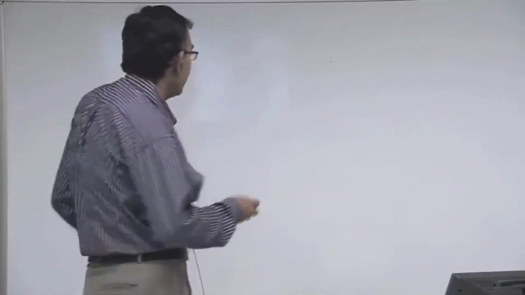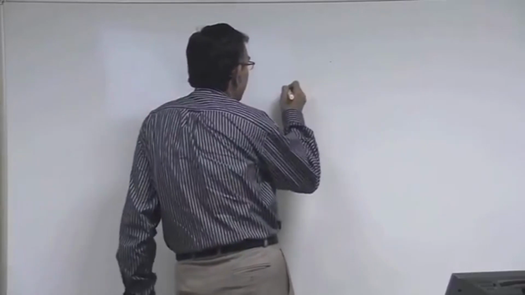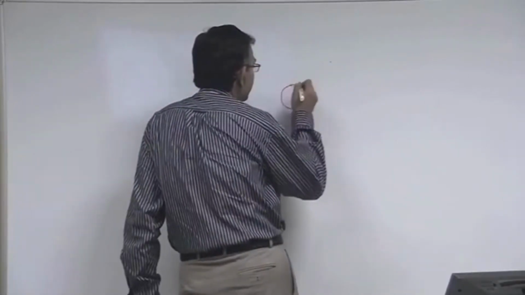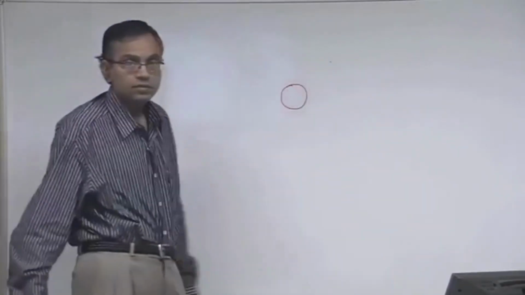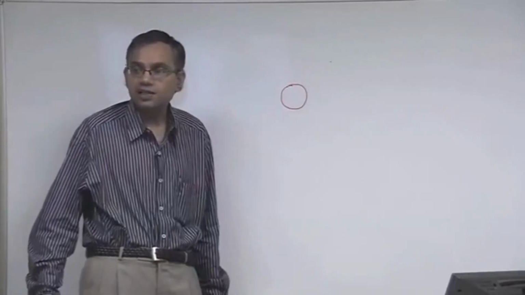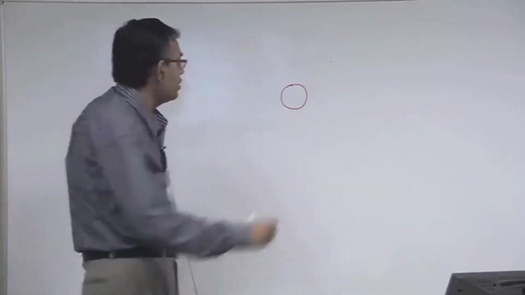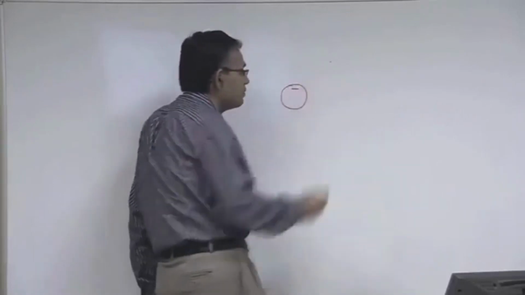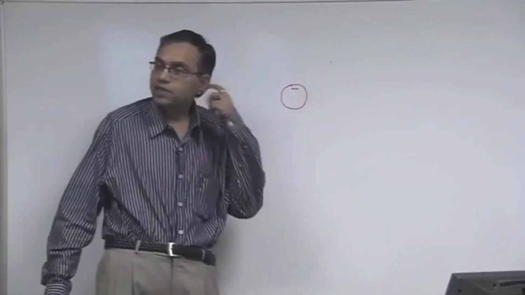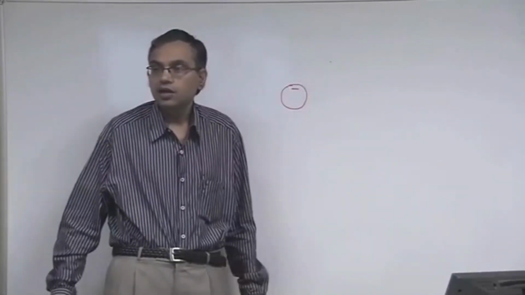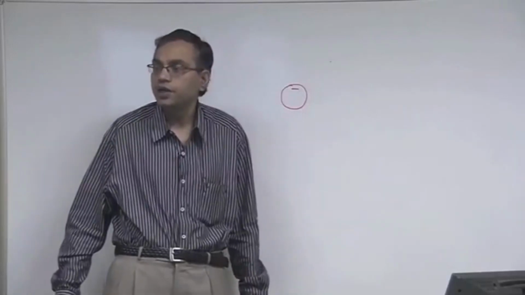Let us consider an example. Let us say that there is a charged species. This charged species, say this species has a negative charge, is moving under the action of an electric field.